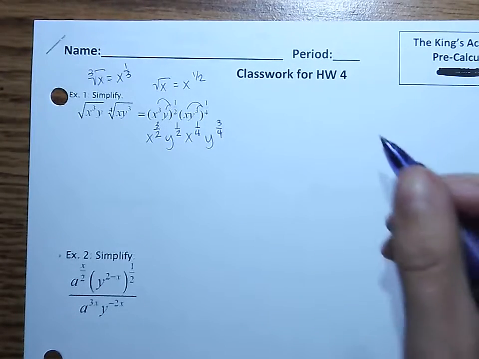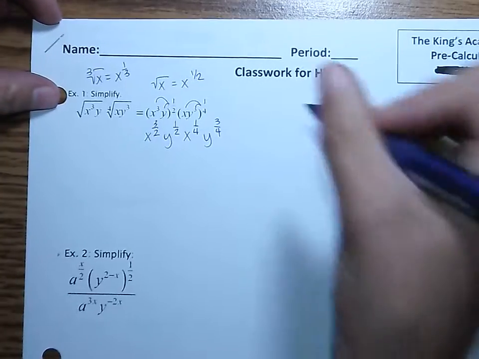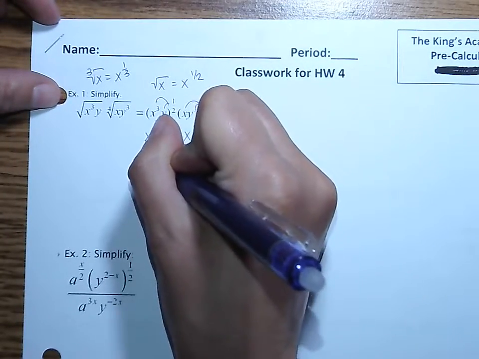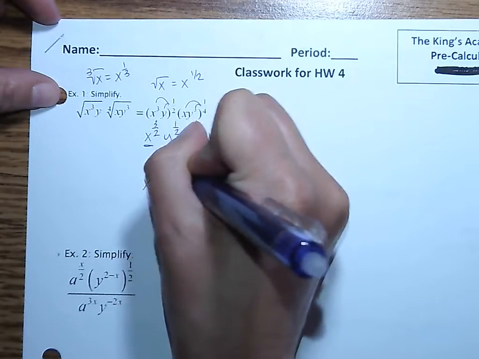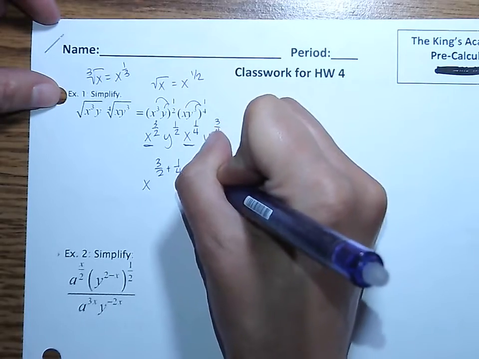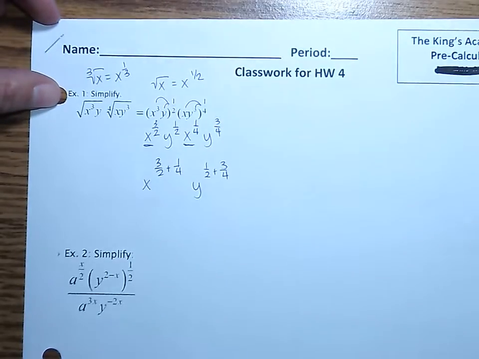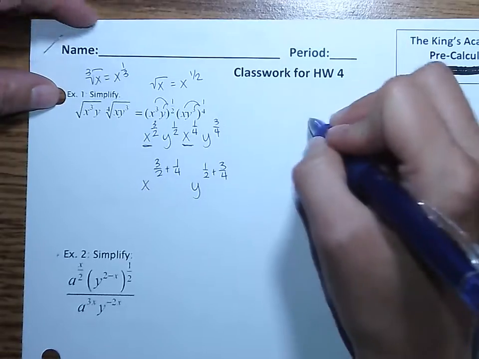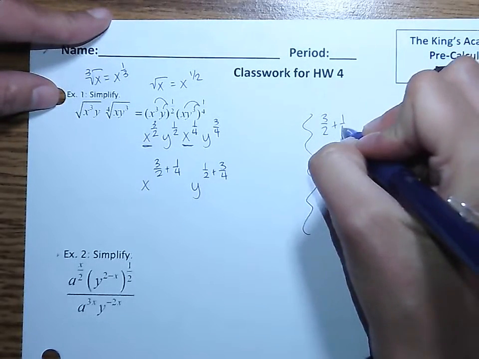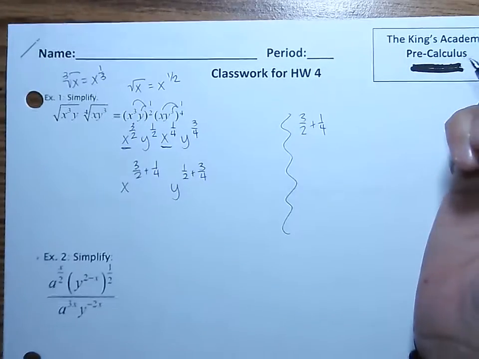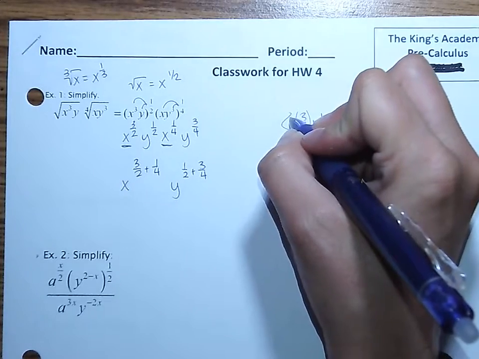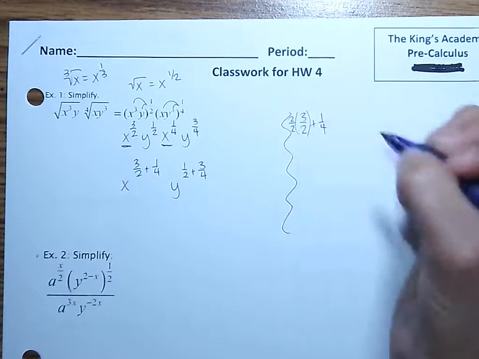All we have to do now is group together our variables. So we have x's, and we can say 3/2 plus 1/4, and then y's are 1/2 plus 3/4. I cannot combine these, so I'm going to come on over here and show some scratch work. So 3/2 plus 1/4, I need a common denominator. So we want to make this have a denominator of 4, so we multiply it by 2 over 2.